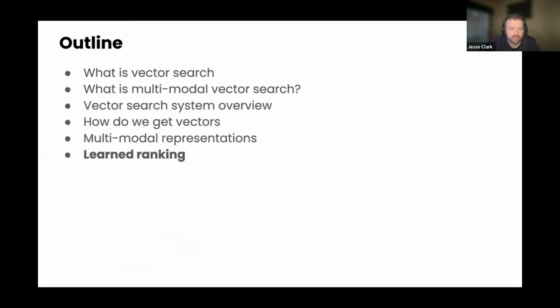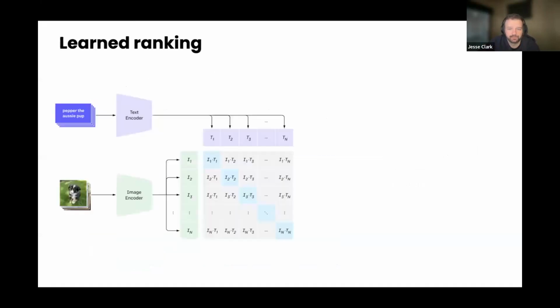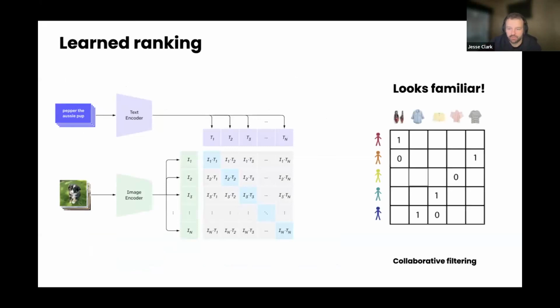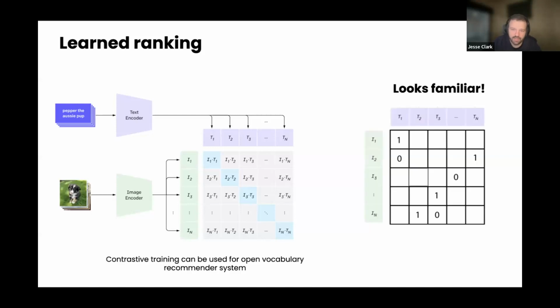So finally, let's talk about learning to rank. This is a bit more curation on the search side. So here's the previous CLIP example where we have the text encoder and the image encoder, and we're trying to learn this diagonal. If we look at collaborative filtering, which is this canonical example in recommendation systems, we can start to think, hey, this looks pretty familiar to what we've seen before. And so you can think about it, okay, now, instead of just the items and the users, for example, we've got our text and captions and our images.